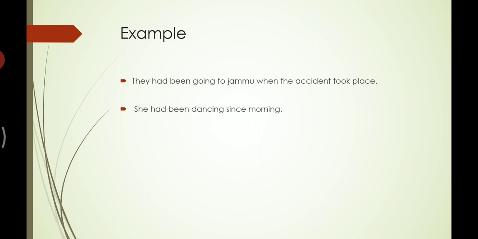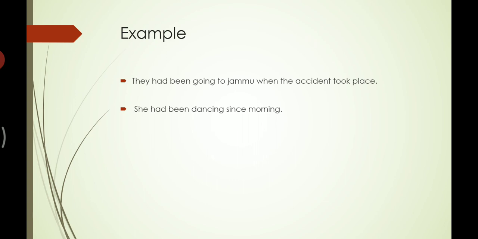Here, accident took place is past indefinite. So, past perfect continuous is mostly used with past indefinite to show that some action had been continuing when another happened in the past. The action which happened earlier takes the past perfect continuous form, and the one which happened later takes the past indefinite form.